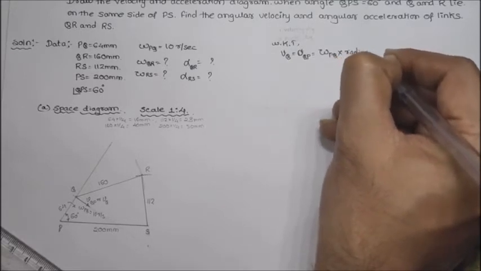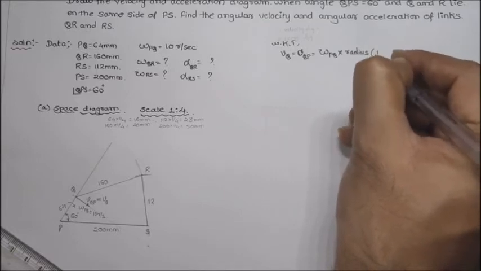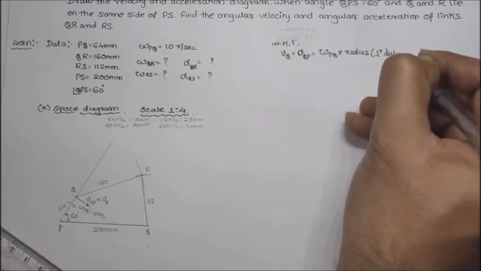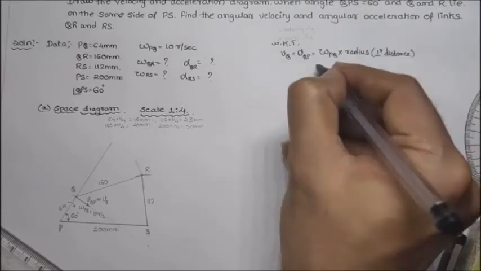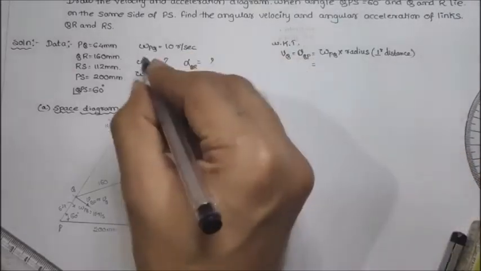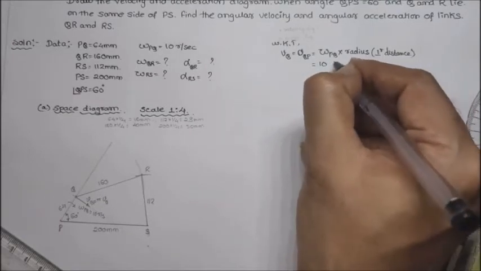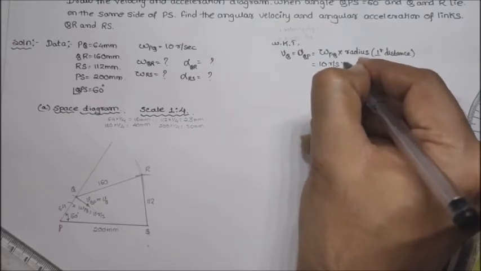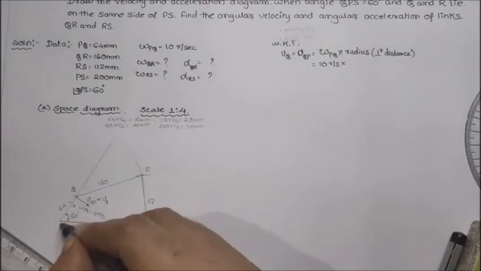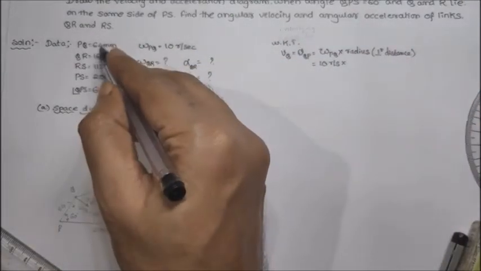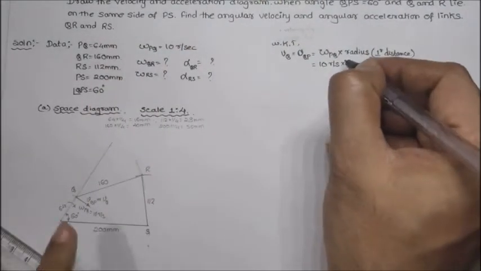Some books use a radius, some use a perpendicular distance. Both are the same. So here omega PQ is already given as 10, and the value of this radius, that is PQ, its measurement should be according to the given value, not the scaled down value.